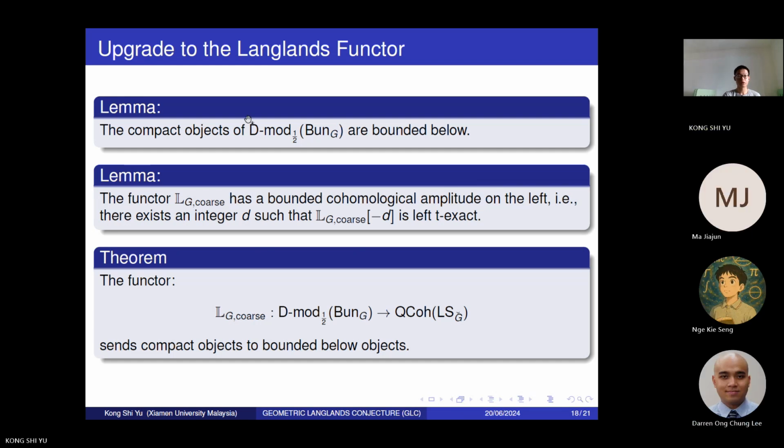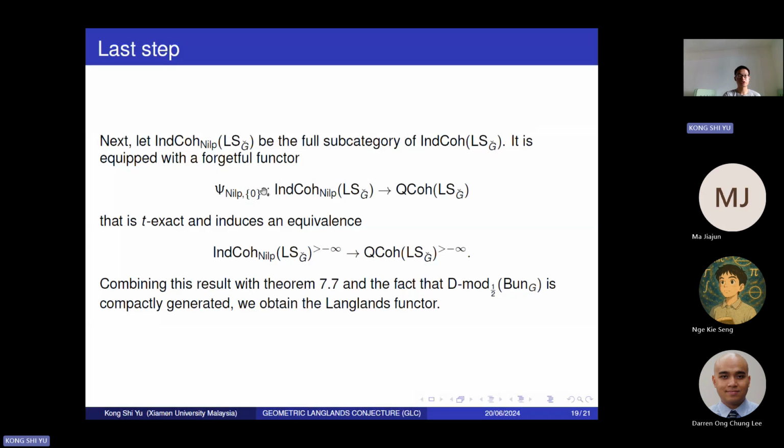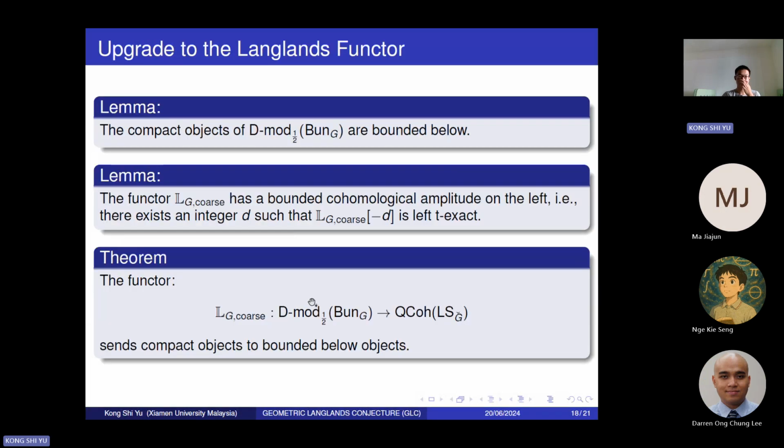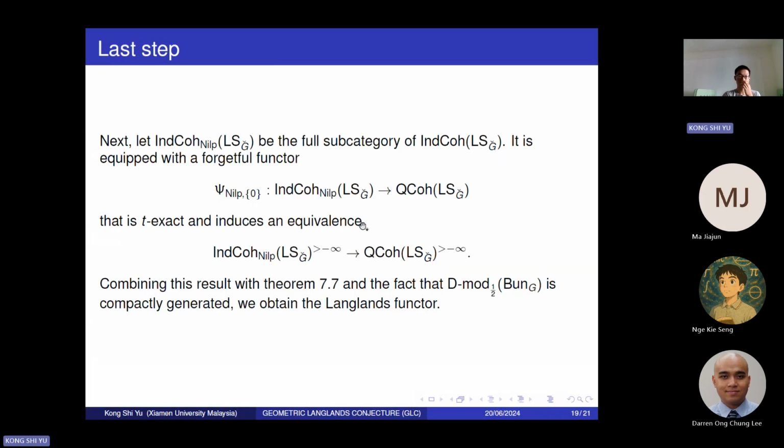With that, they combine this result with this nu and the zero set, and they can obtain the Langlands functor.